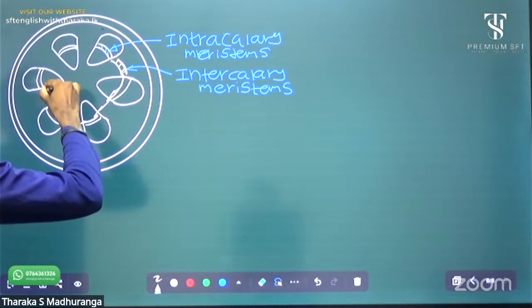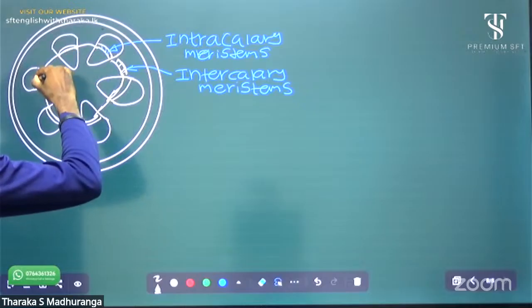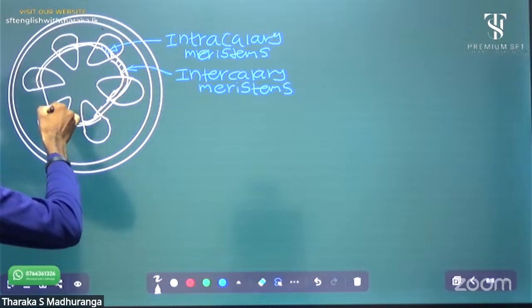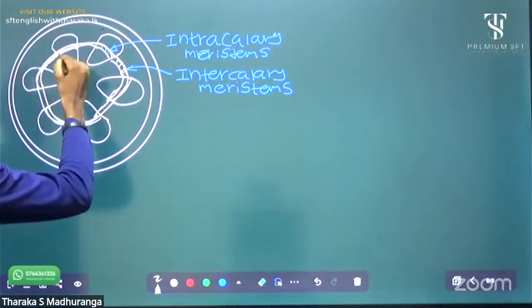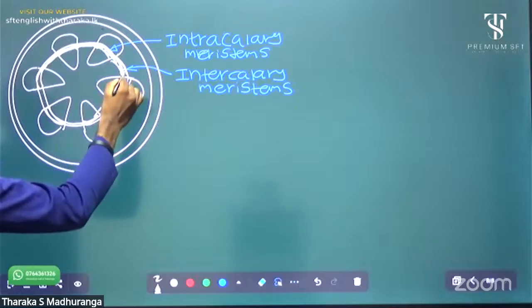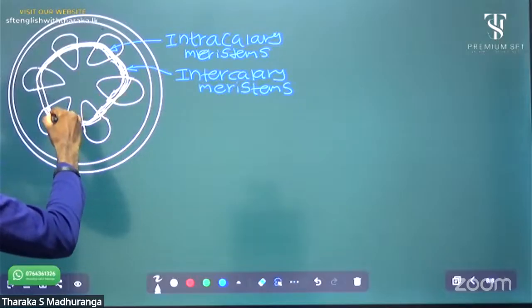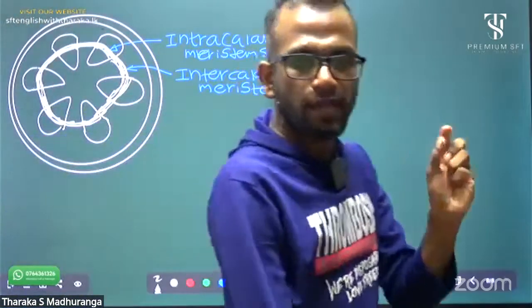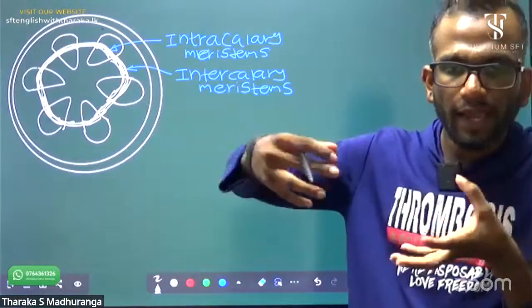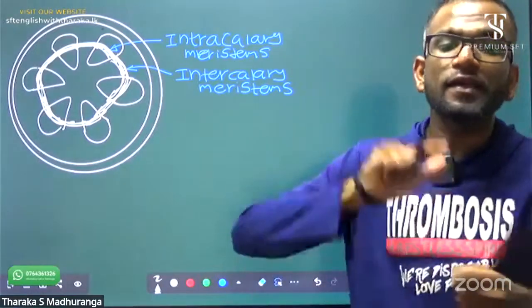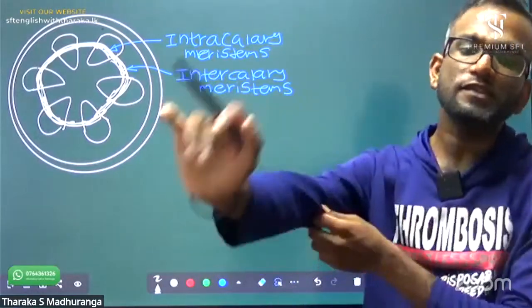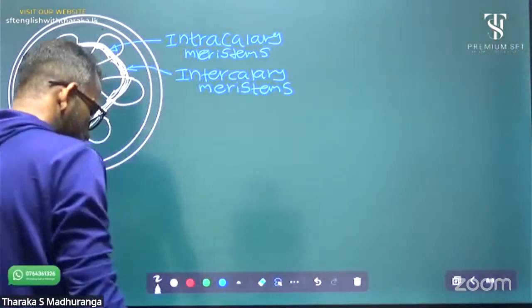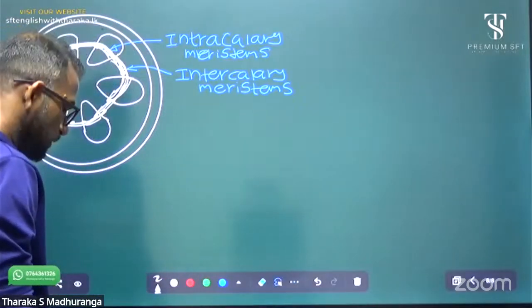Like this, the intercalary and intracalary meristems combine and develop as a ring that we called meristematic tissue.